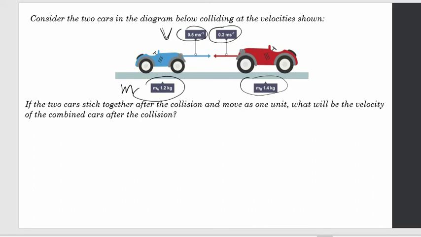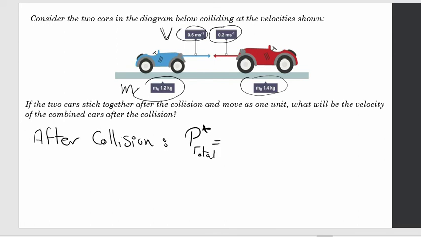So once we calculated the total momentum before the collision, this means that it is equal to the total momentum after the collision, and that's what the conservation of momentum law says. So after the collision, P star total is also going to equal 0.32 kilogram times meter per second.